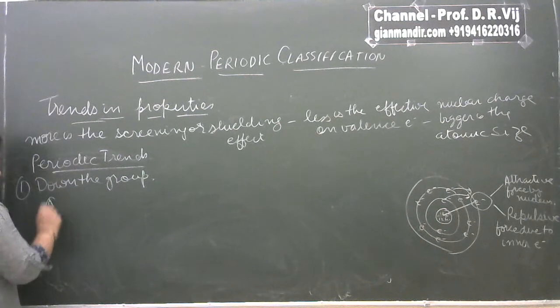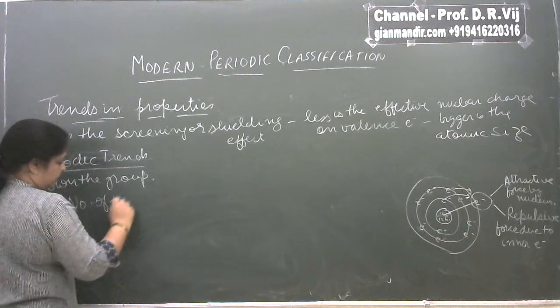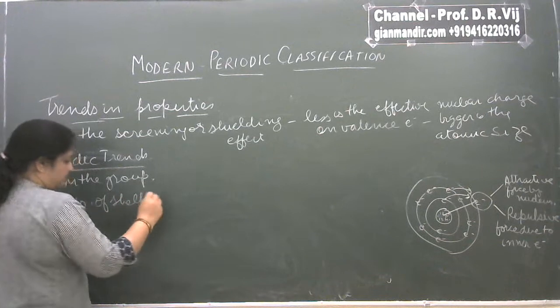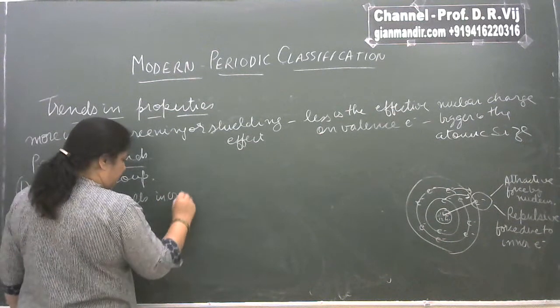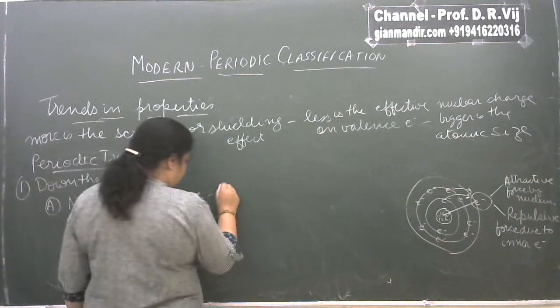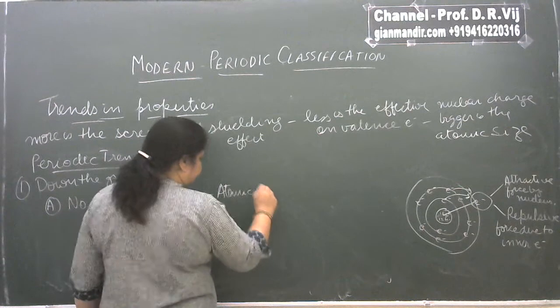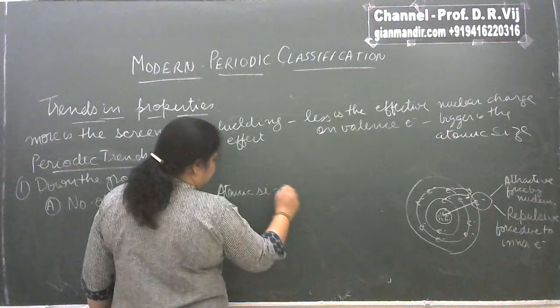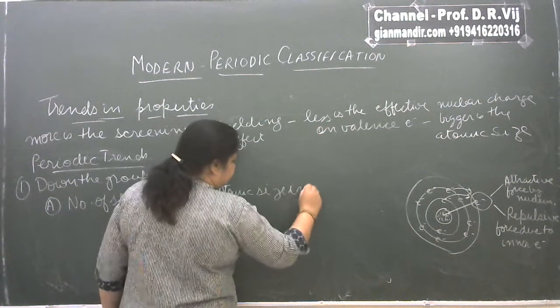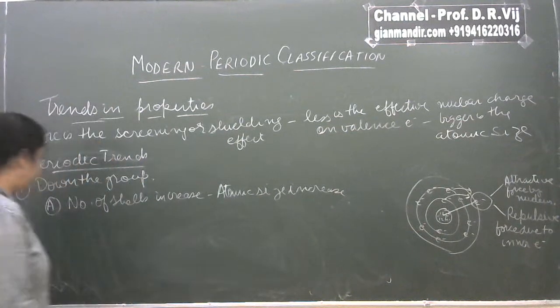First of all, down the group, number of shells increase. And if number of shells increase, then what we expect is that atomic size also increases, right?